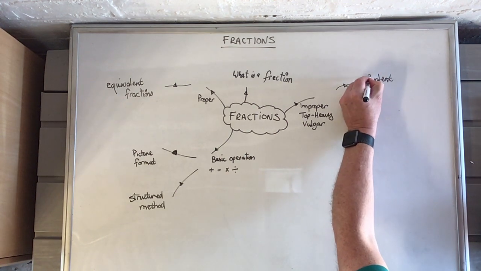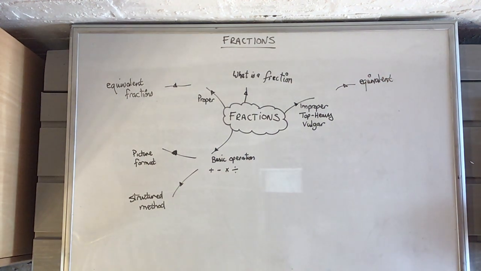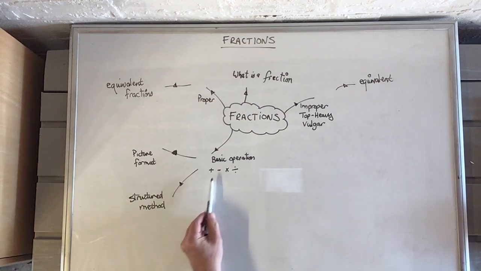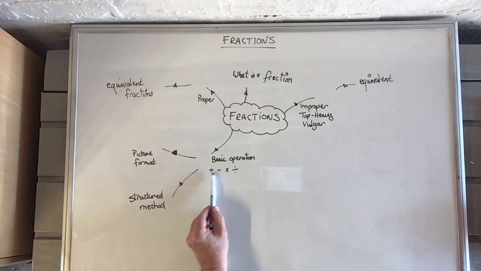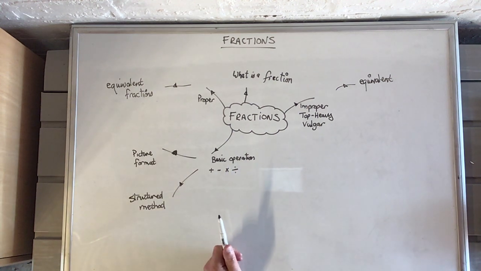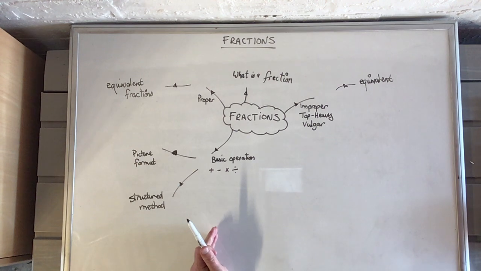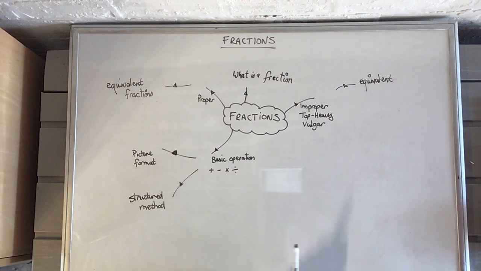And why would we want equivalent fractions? Well, we want equivalent fractions so that we can do some of these basic operations, especially add and subtract. We can only add or subtract fractions that have the same denominator, the same bottom part, i.e. the same size in the denominator. But again, we'll come back to that as we go through it.